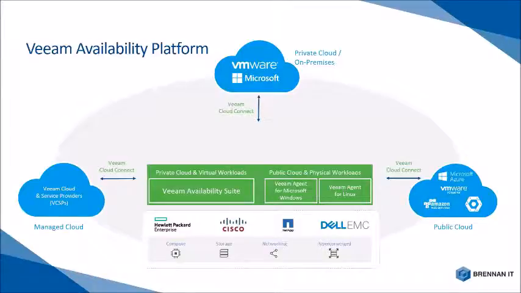Because today Veeam is dominant in the virtual infrastructure workload, and we want to capture more market share. Also, when it comes to a hybrid cloud strategy, cloud providers like Amazon, Azure and VMware vCloud don't give third-party applications access to the hypervisor, and there is a need to back up this workload. With Veeam you would not be able to achieve that because we need access to the hypervisor, and hence we introduced the physical workload agents.